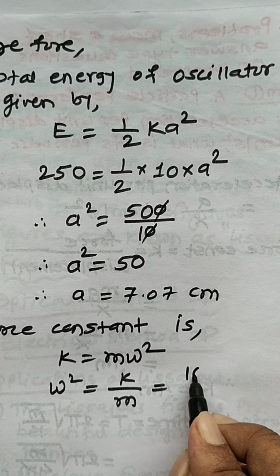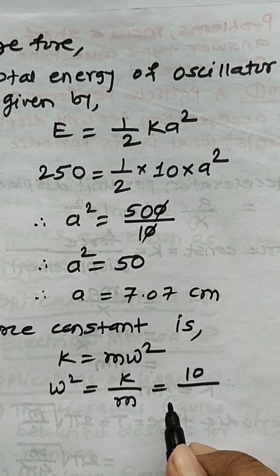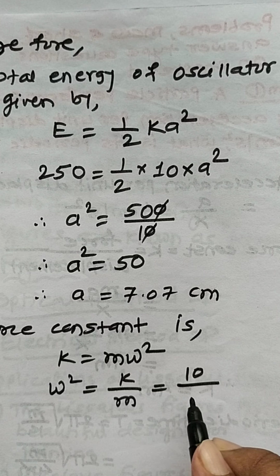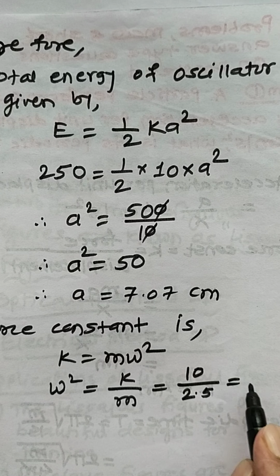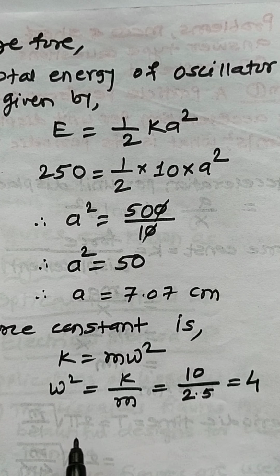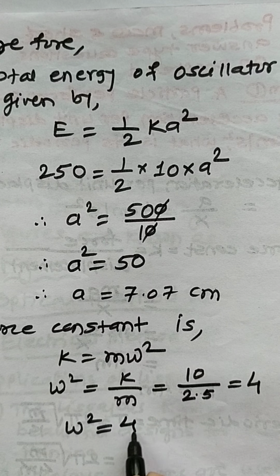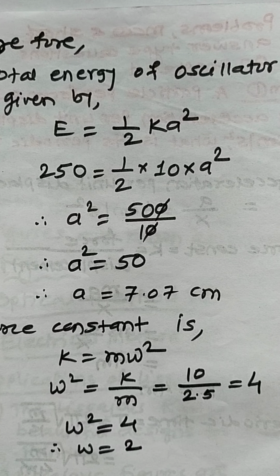K is the 10, and m is given as a 2.5, and so that is, when we calculate this value is the 4. So therefore omega square is equal to 4, so therefore omega is equal to 2.